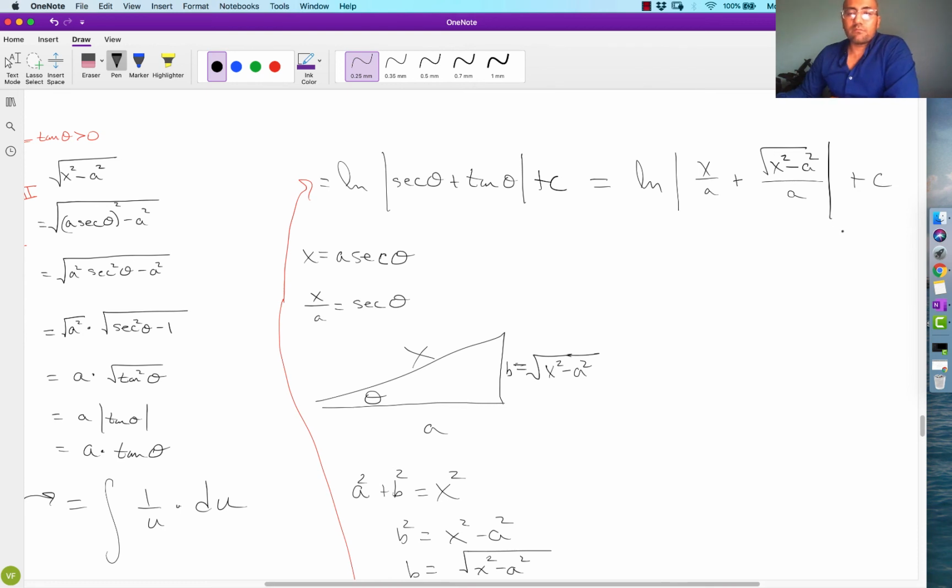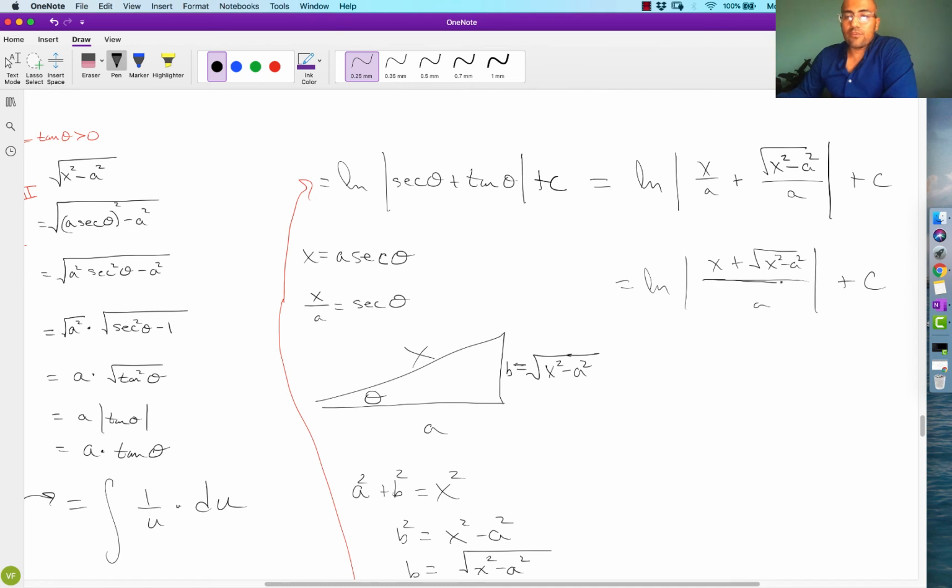At this stage we could stop there, but often we see this simplified a little bit more. Since both of these fractions have the same denominator, we can simplify it and say that this is x plus the square root of x squared minus a squared all over a, absolute value, plus c.